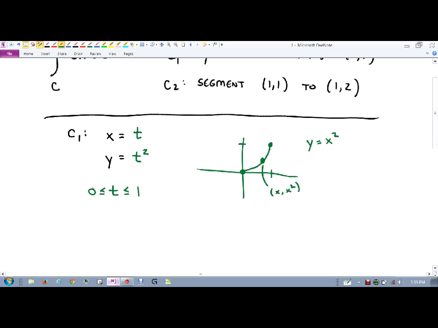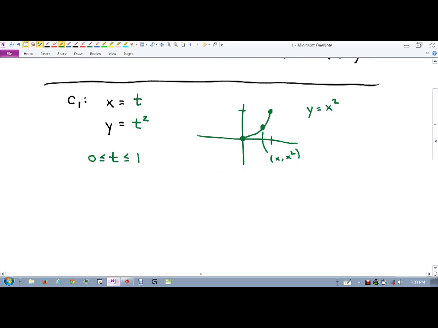So let me set up the line integral for that one. We're going from 0 to 1. What are we integrating? 2 times x, right? What's x for us? Just t.